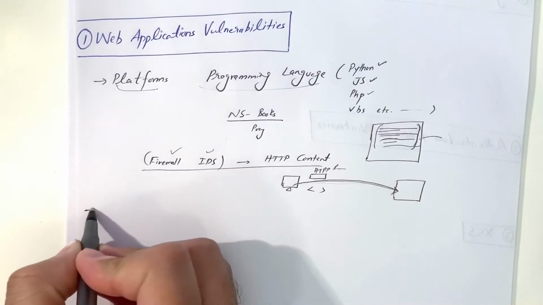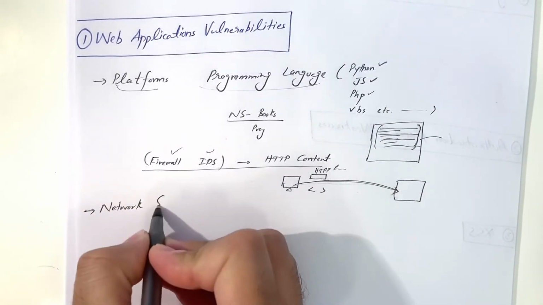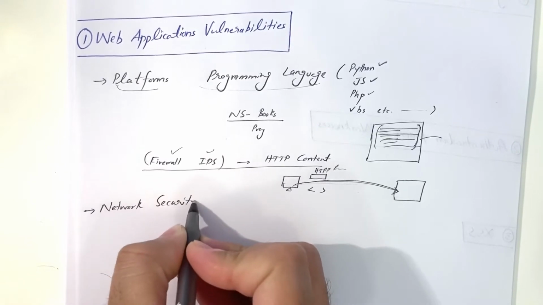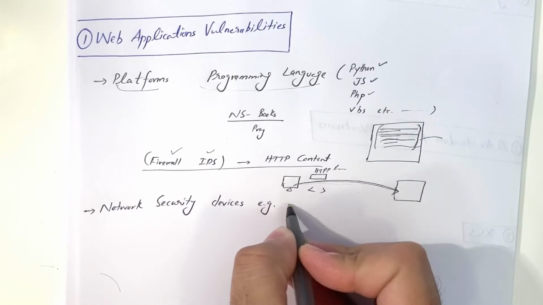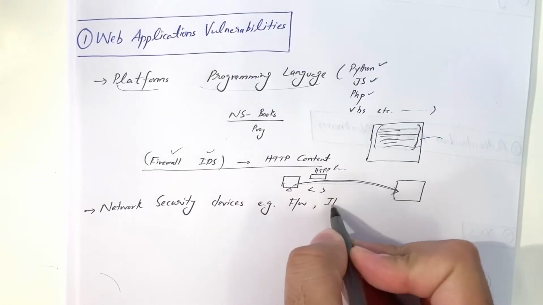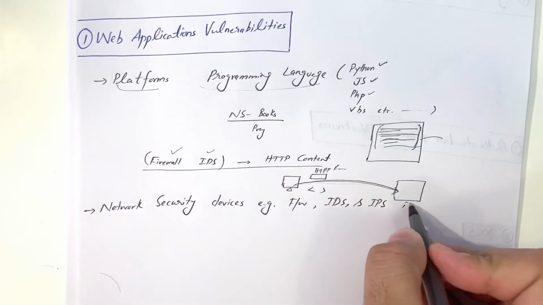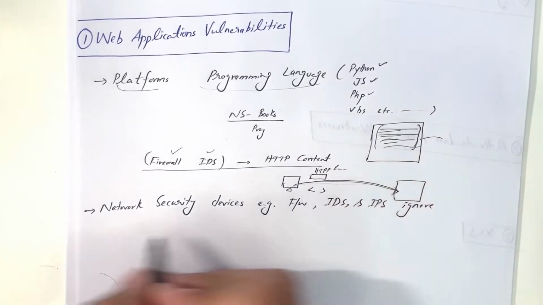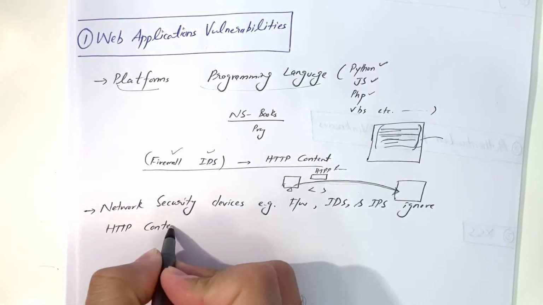So basically what I'm trying to say is that network security devices, for example, firewall, intrusion detection system, and intrusion prevention systems, ignore HTTP traffic, or content.